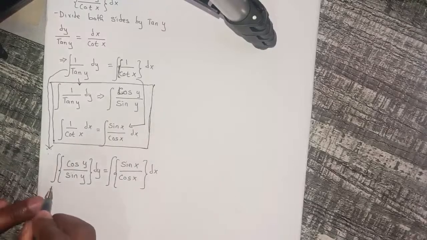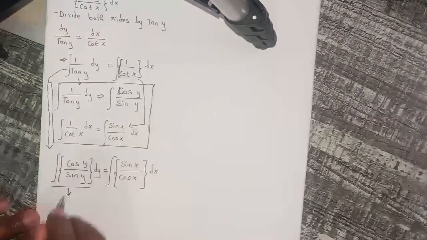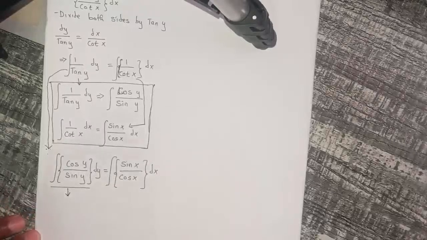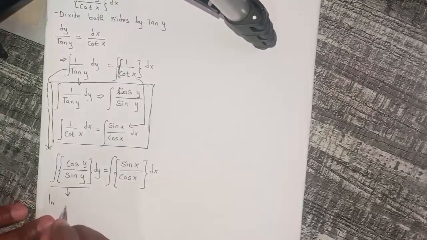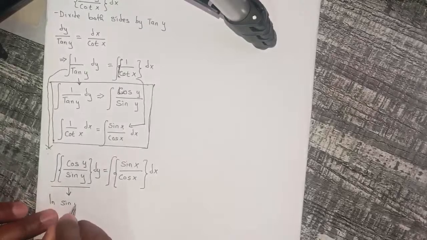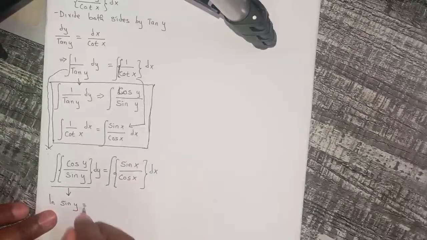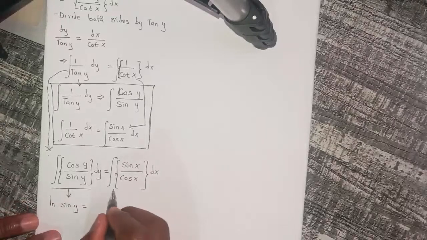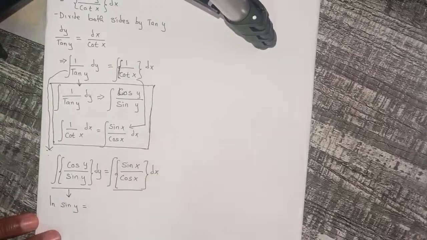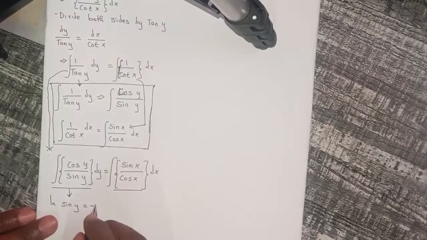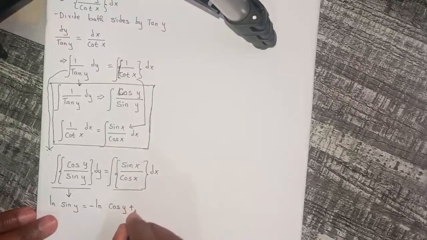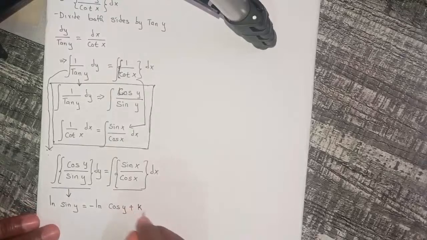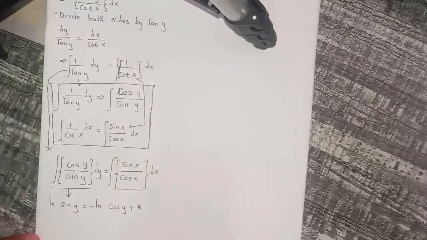So if we integrate this part, we get the natural log of sin y being equivalent to, if we integrate the second part, the negative of the natural log of cos x, then you add your constant of integration, let's say constant k in this case.